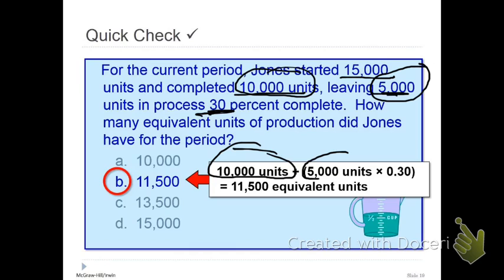So we take those 5,000 units in ending work in process, multiply by how much they're complete, which is 30%, and we get 1,500 equivalent units. So what do we need to worry about? How many were completed and transferred out, and then how many are left, and how far done are they? How much through the process have they gone?